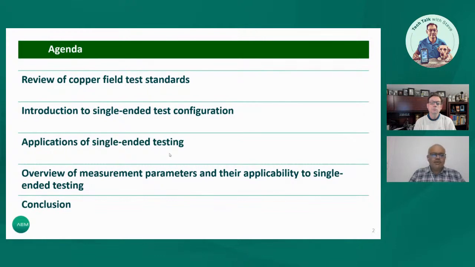I will also describe where single-ended testing with Qualification Plus is useful and applicable, and how it is done, so that it clarifies any questions or curiosity about the way the testing happens. It will be slightly technical, and I am sorry if it goes too much into technical details. I will try to make it as clear as possible, and let's see how it goes.